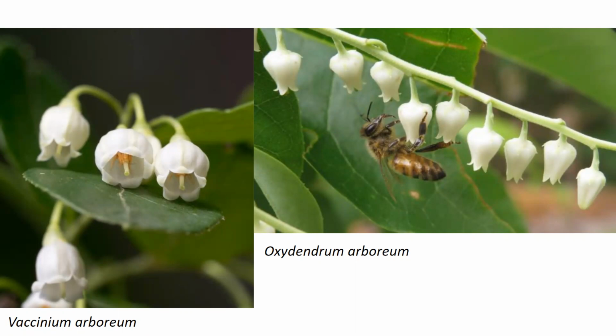You can see that those little urns hang down, and so that allows the nectar to stay concentrated inside and not get diluted by rainwater. And it's also thought that the little flared out bases of those flowers at the ends give pollinators like bees a place to grab onto when they're pollinating. So kind of a cool thing.